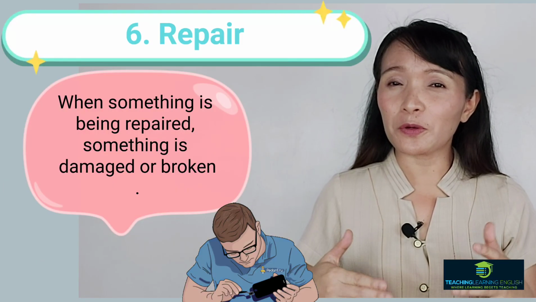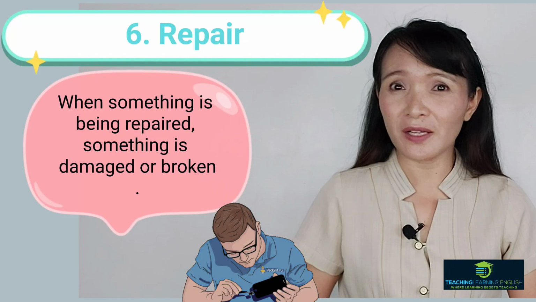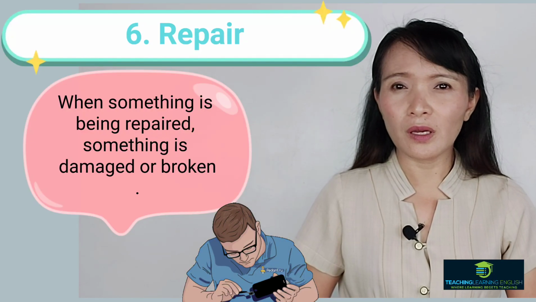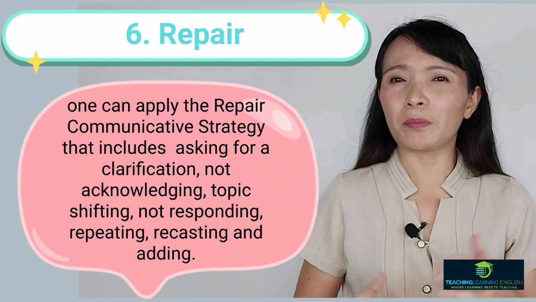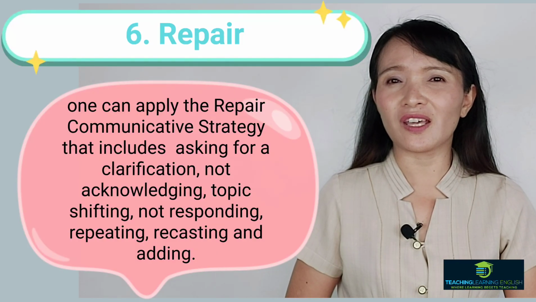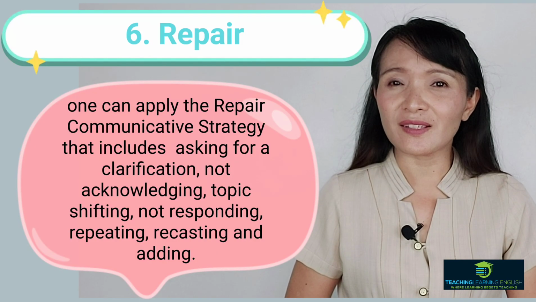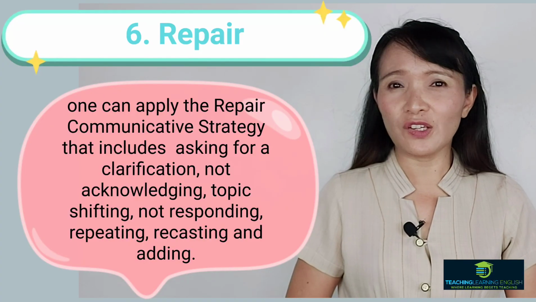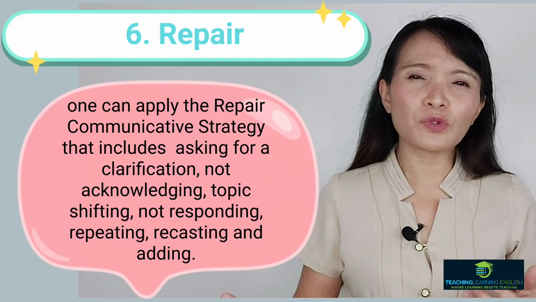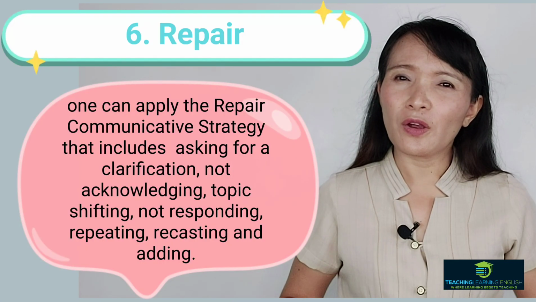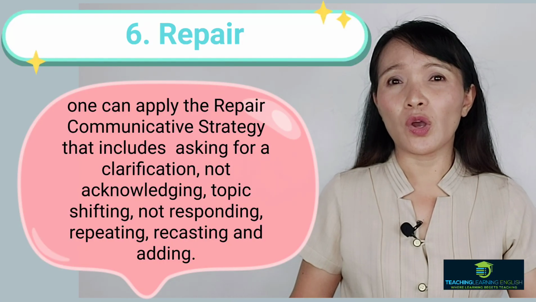When something is being repaired, something is damaged or broken. When miscommunication occurs, one can apply the repair communicative strategy that includes asking for a clarification, not acknowledging, topic shifting, not responding, repeating, recasting, and adding.